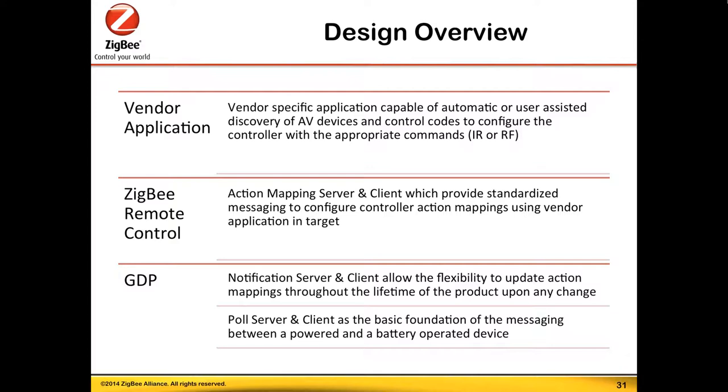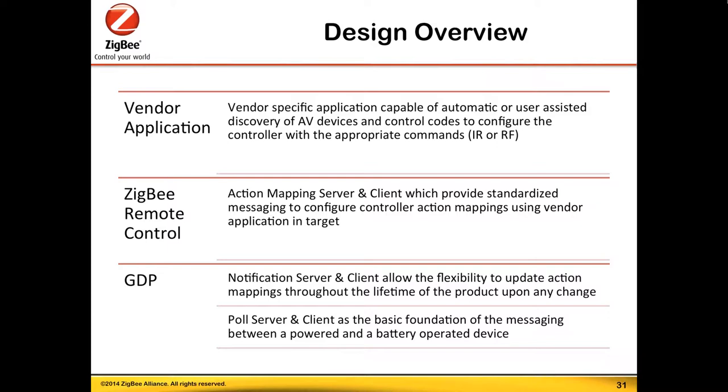The generic device profile, which is the underlying foundation that DRC 2.0 is built on, provides 2 layers of services: action mapping server and client, and notification server and client. As the name indicates, the action mapping is responsible for dynamic reconfiguration of the remote control. So this configuration could be done either right after initial binding and validation, or it can be done throughout the lifetime of the product.